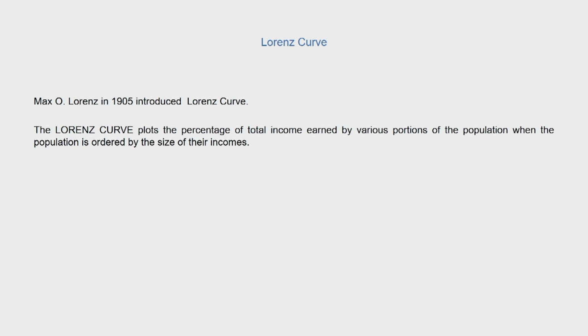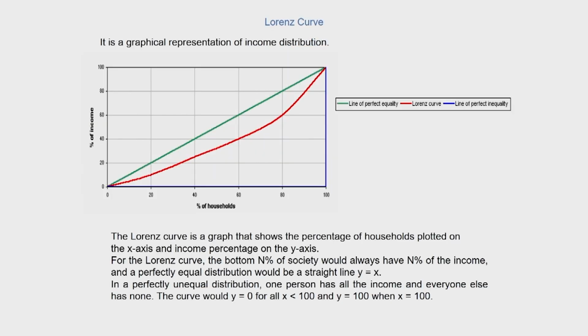It's a graphical representation of income inequality or wealth inequality, and this was developed by the American economist Max Lorenz. What it does is that if you look at this graph here on the slide, the Lorenz curve graph plots percentiles of population according to income or wealth on the horizontal axis.